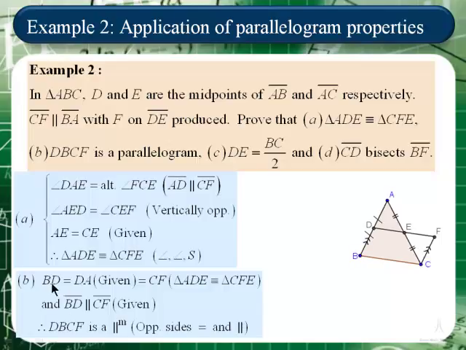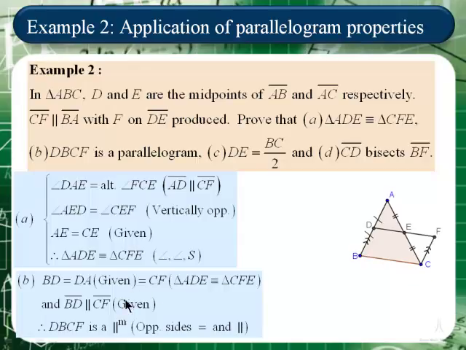So I start with BD, and BD is obviously equal to DA because we know that D is the midpoint of AB. But we've proved, due to the congruency, that DA or AD is the same as CF or FC. So therefore we've seen that now BD is equal to CF.